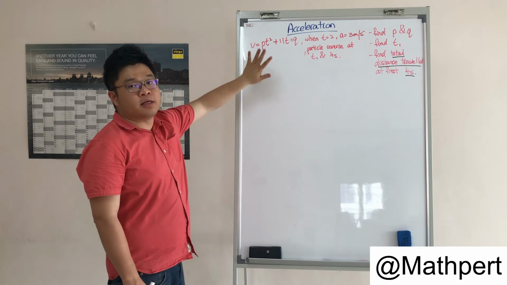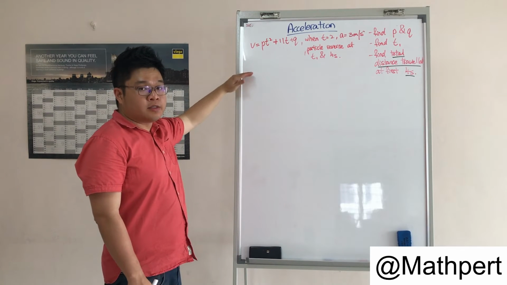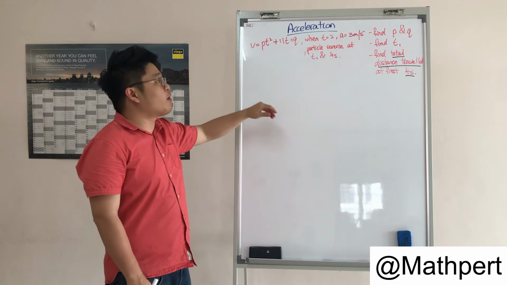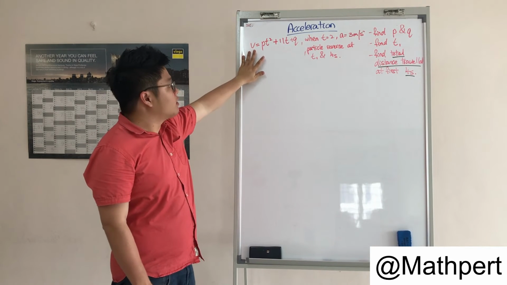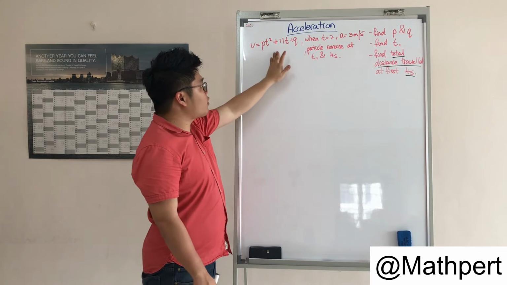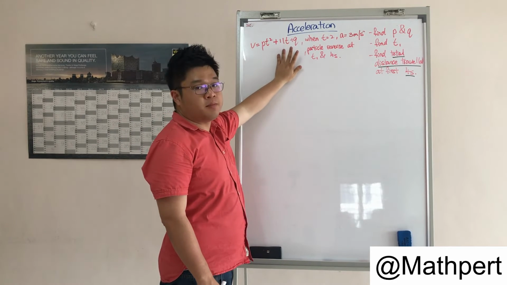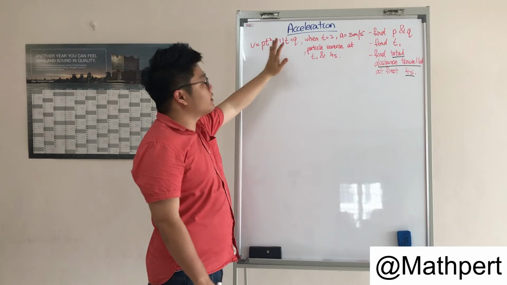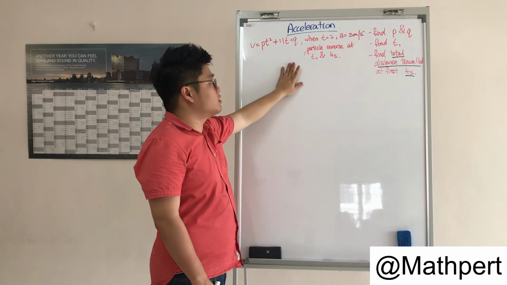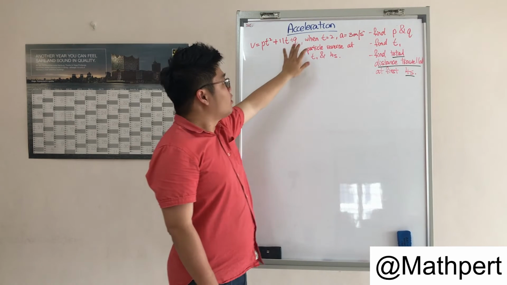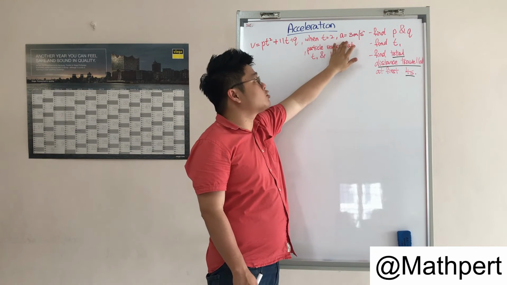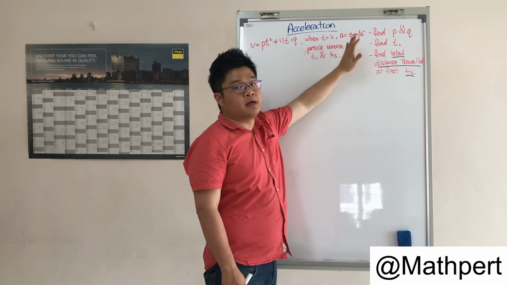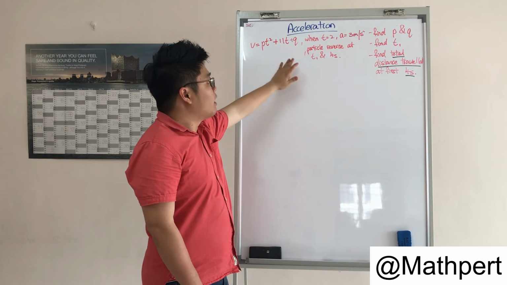Now let's take a look at these questions. A particle is traveling in a straight line starting from a fixed point, and the velocity is given as v equals pt squared plus 11t plus q, where p and q are constants. Also, we are given when t equals 2, the acceleration is 3 meter per second squared.